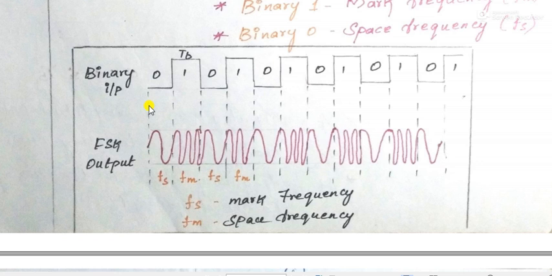F1 is the mark frequency and F0 is the space frequency. For 1, the mark frequency is generated. For 0, the space frequency is generated. And see the diagram. So the digital data, that is binary zeros and ones, is converted into an analog signal. So that is the FSK modulation scheme.